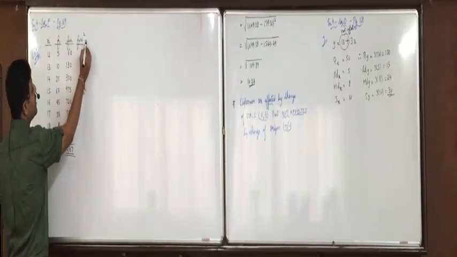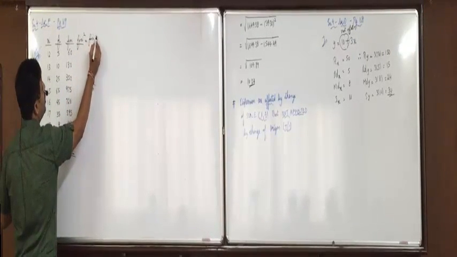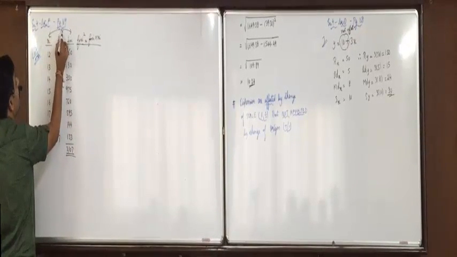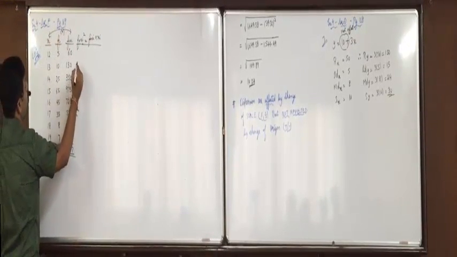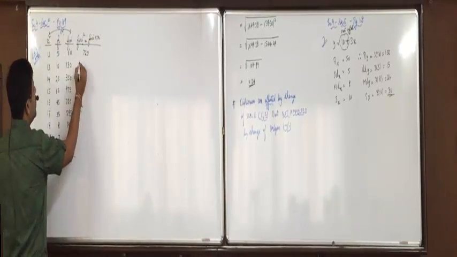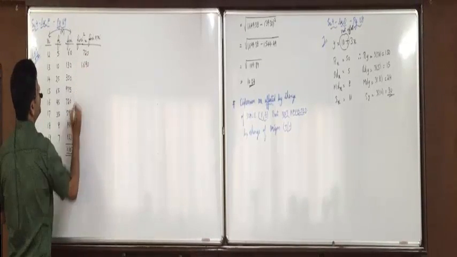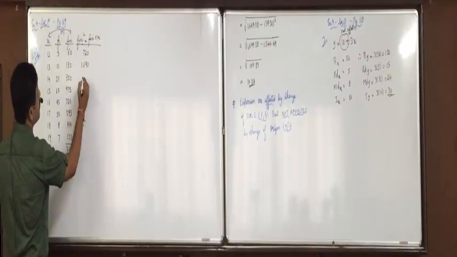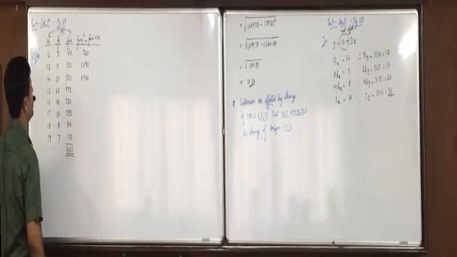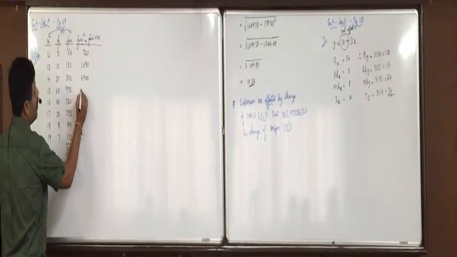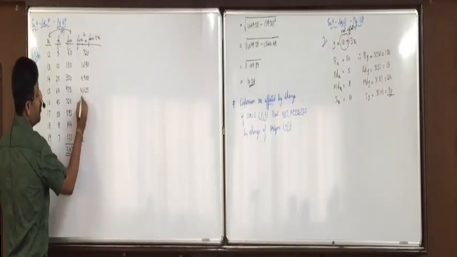And how do you find fi xi square? Fi xi into xi, means these two are going to be multiplied. 60 into 12 is 720. 130 into 13, 1690. 350 into 14, 4900. 975 into 15, 14625. Are you putting it in M plus?